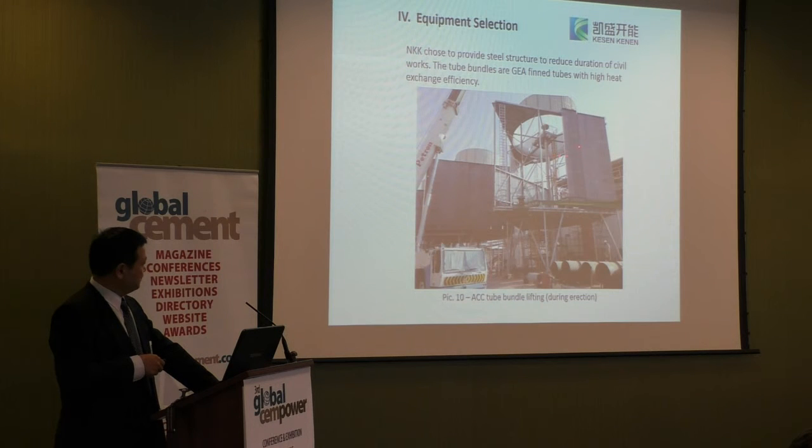It's delta shape. This is the heat exchange bundle. The total height of this ACC unit is almost 20 meters high. The length is 16 meters.